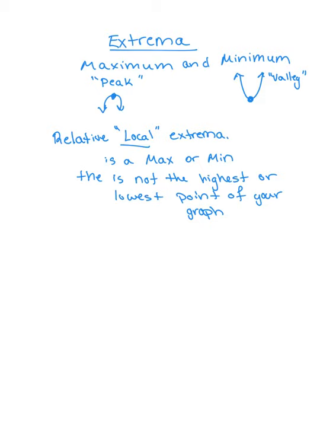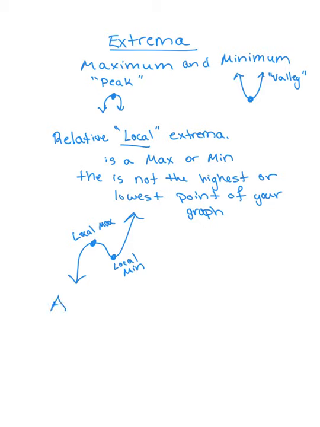So, for example, if I was to have a little graph like this, neither one of these points would be a local. In the next example, these would both be locals. This one would be your local max, because it is not the highest point of my graph. If I go off infinitely up to the top, my highest point is infinity. Here would be a local min, because if I follow this graph all the way down, my lowest point would be negative infinity.